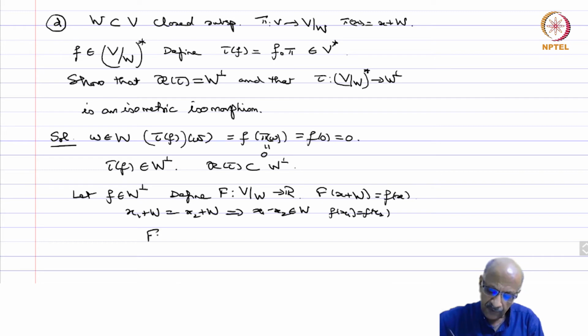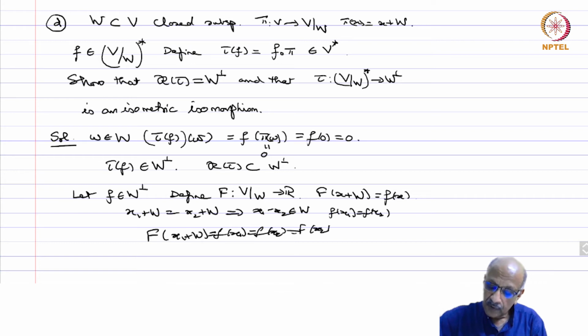So capital F of x1 plus W equals f of x1 equals f of x2 equals capital F of x2 plus W. So if you have two equal cosets given by different representatives, it does not matter, the answer is finally the same. So this is well defined.